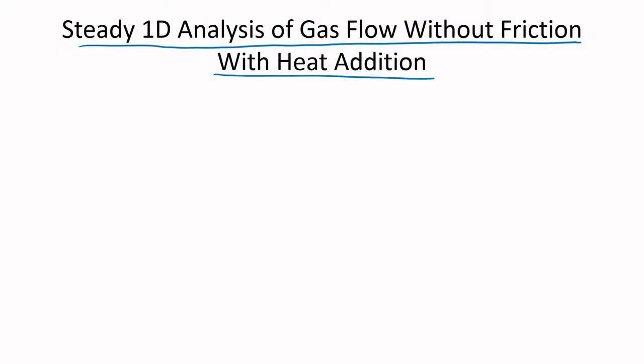It is a very basic condition that one can think of in a scramjet combustion. Of course, the heat addition can happen due to combustion, as it happens in a scramjet engine. Okay. So, let us do this analysis.